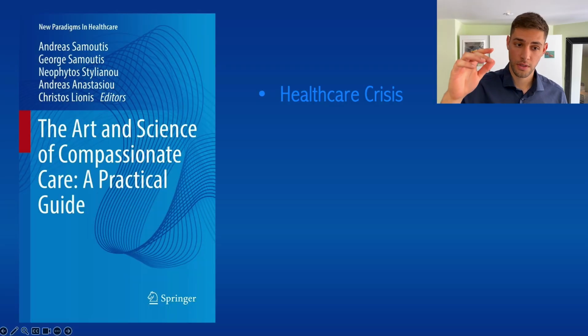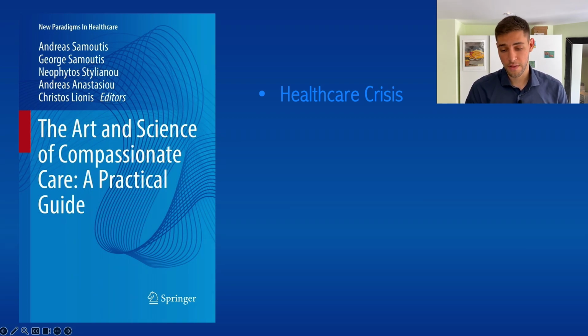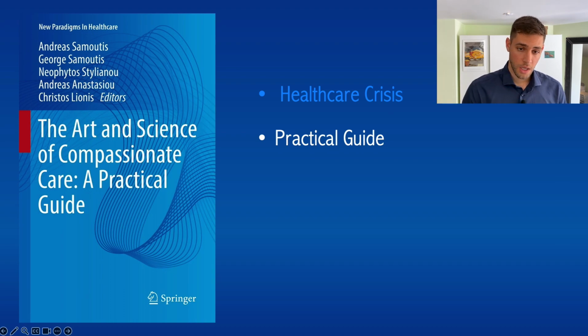And seeing this and knowing the significance of compassion and the benefits of it, we decided to write and publish The Art and Science of Compassionate Care. Now, this is a book which is a practical guide and serves in order to bridge the gap between the theoretical knowledge and the practical application of compassion. So how do we practically use compassion?